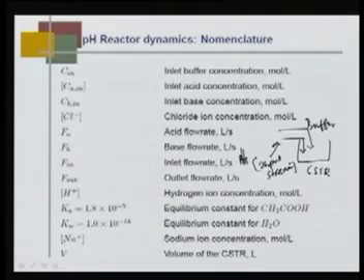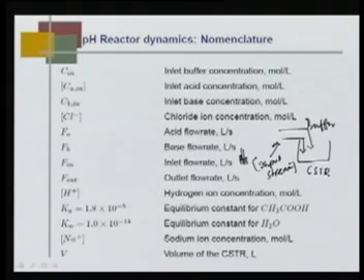So, the buffer concentration is C in, Ca in is the inlet acid concentration, Cb in is the inlet base concentration. So, in the input stream, this is the concentration level of the acid and of the base. This is the chloride ion concentration Cl minus. Fa is the acid flow rate, A stands for acid, F stands for flow rate, in liter per second, and Fb is the base flow rate in liter per second.